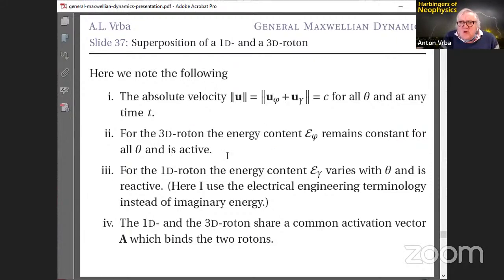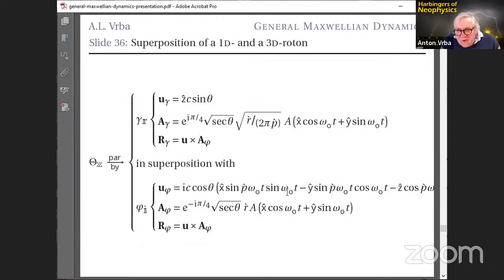The 3D roton, the energy content remains constant for all angles of phi. If I multiply A and phi, the energy content is proportional to A squared, because R has got the A in there. So I've got the cos times sec, which is equal to 1, so it doesn't change.